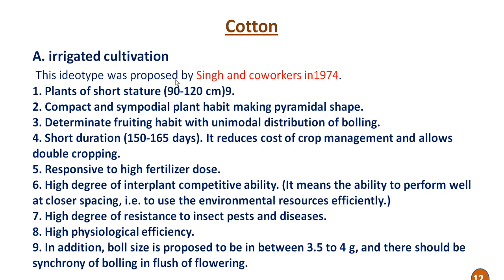Next one is cotton. As cotton is grown in irrigated cultivation as well as rain-fed cultivation, Singh and co-workers in 1974 suggested the ideal plant type for irrigated cultivation, with plants of short stature, that is 90 to 120 centimeters, then a compact and sympodial plant habit making a pyramidal shape.